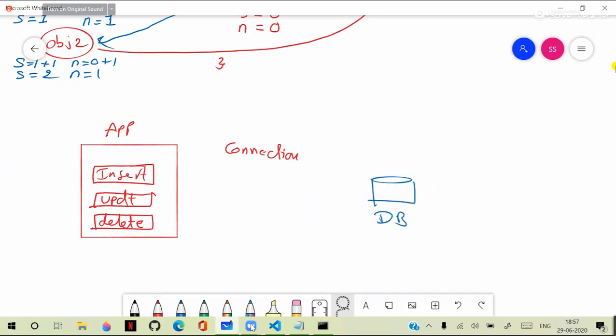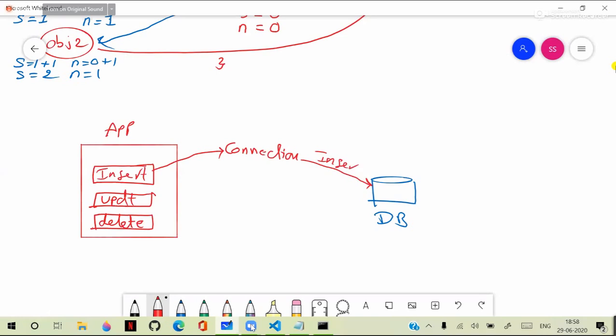Now, important: for the connection with the database, we can maintain two types of connections. One is a static connection. If the connection is static and I click insert, what will happen? First it will connect. After the connection happens, it will insert.